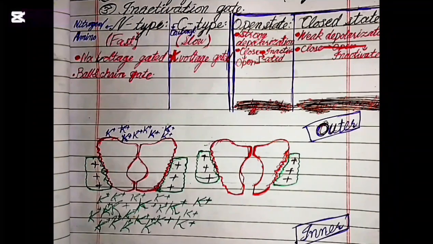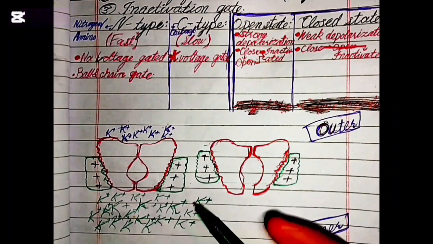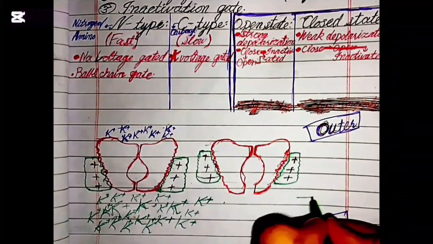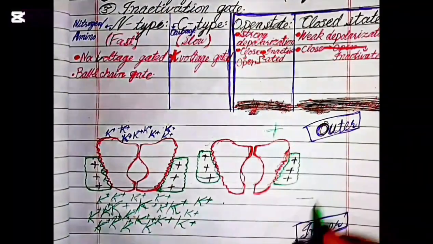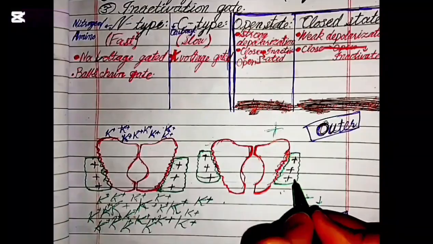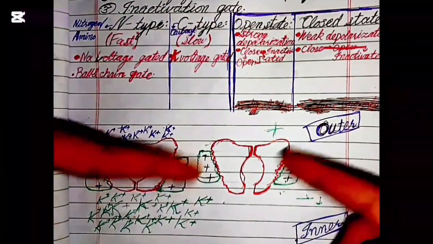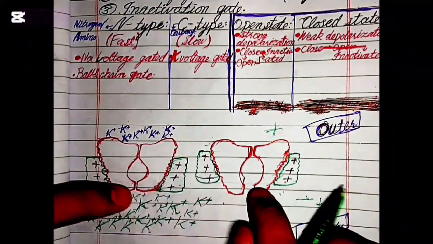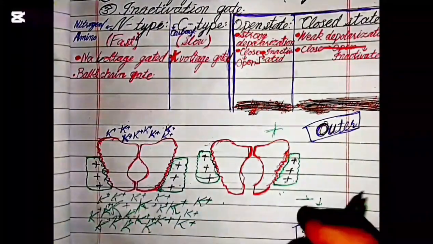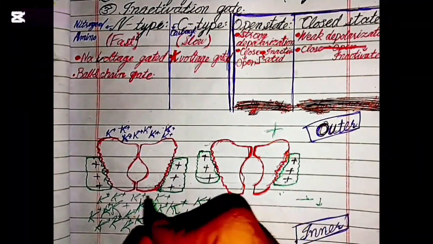So what is its mechanism? Its mechanism is mainly the same, as the inner side is negative and the outer side is positive. When the negativity decreases, they repel each other and the positive goes upward. As the positive goes upward, the activation gate, which was being pulled, opens and potassium rushes in.